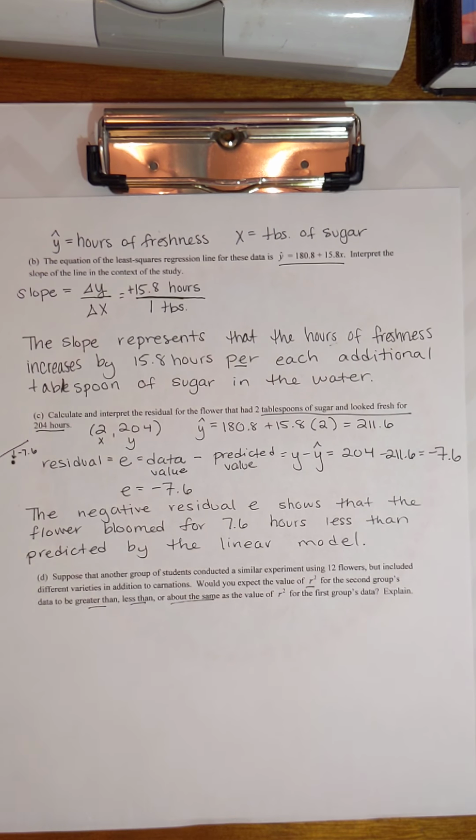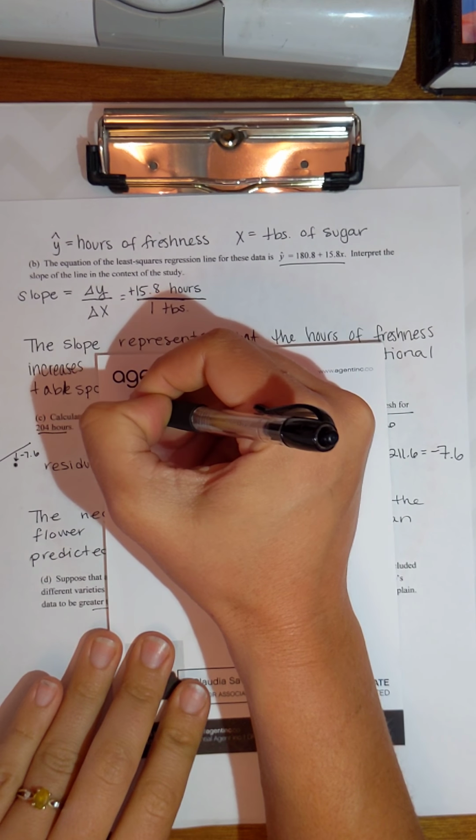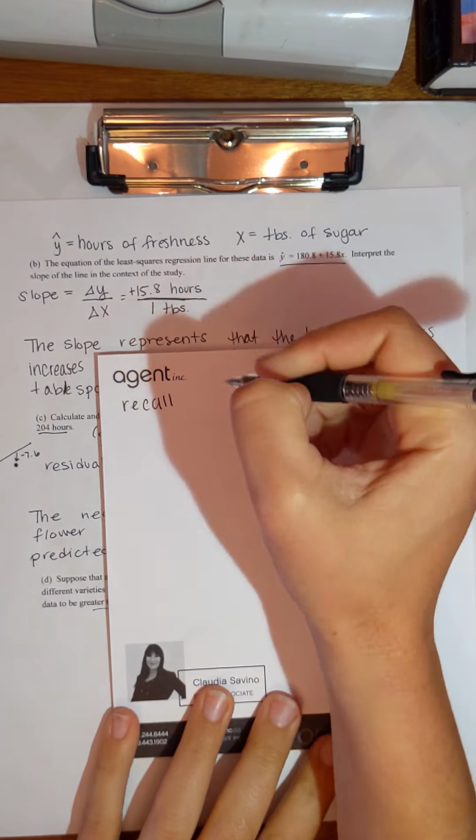Now, I'm just going to put a little recall on this for you because there is some information that we haven't talked about in a while. So if you can just recall to yourself, here, let me get an extra piece of paper to write this on. If you can just recall to yourself what all of these things are from this chapter.